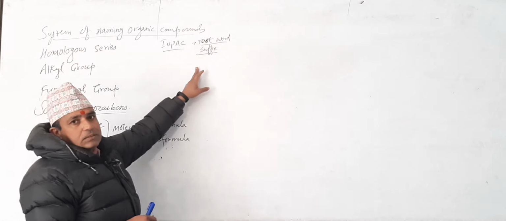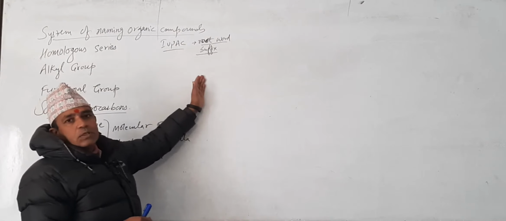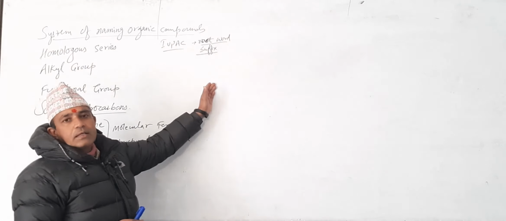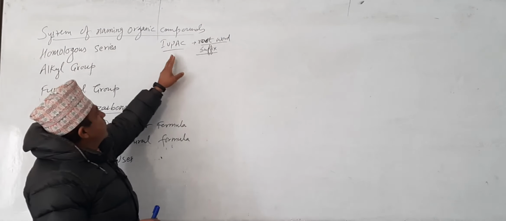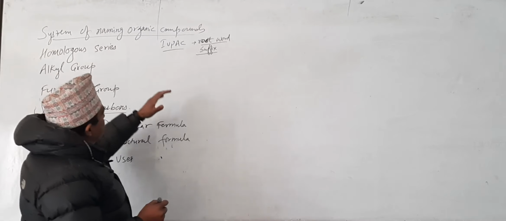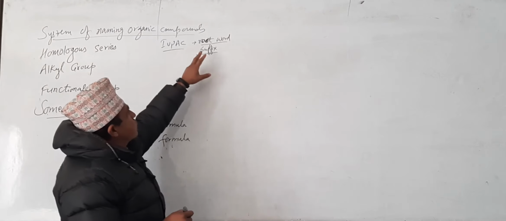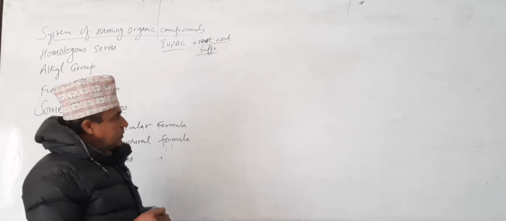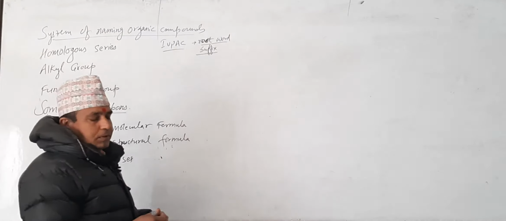It gives the name to a particular organic compound. IUPAC gives two names, root word and suffix. Root word means the first one and suffix is the second one.